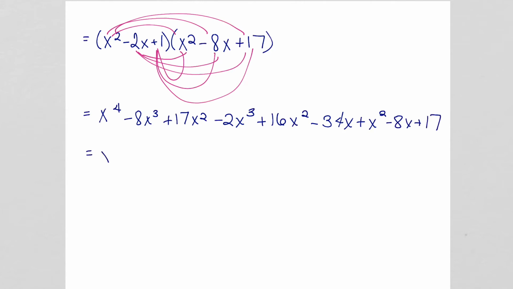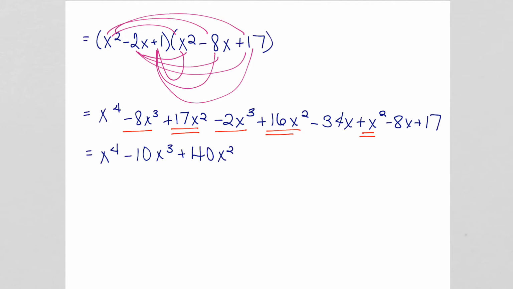And then last, we can combine like terms. So combine our cubes: negative 8x cubed minus 2x cubed is negative 10x cubed. And then combine our squareds. So 17x squared plus 16x squared plus x squared, 1x squared, is 34x squared.